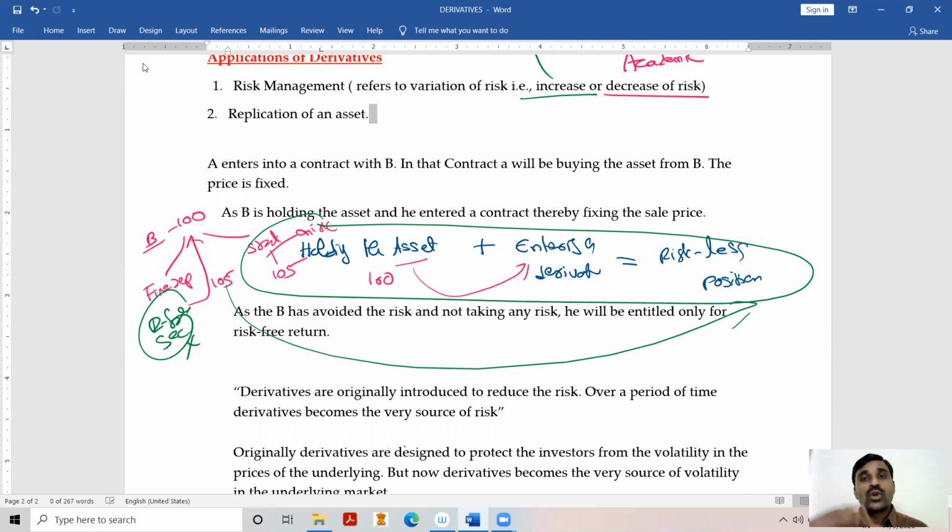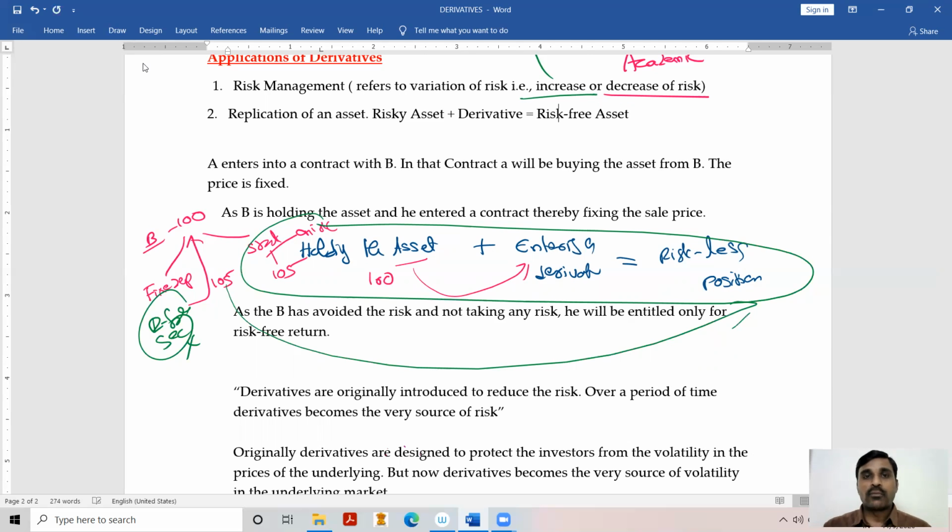Though there is no risk-free asset available in the market to invest in, I have created one with the help of a risky asset and derivatives. So the conclusion is: risky asset plus derivative is equal to risk-free asset.